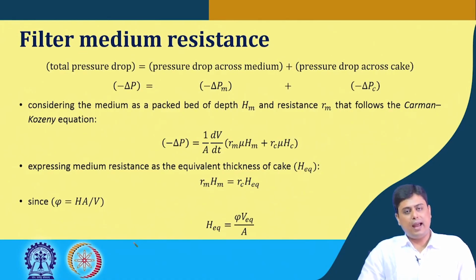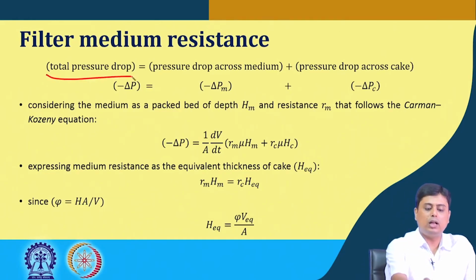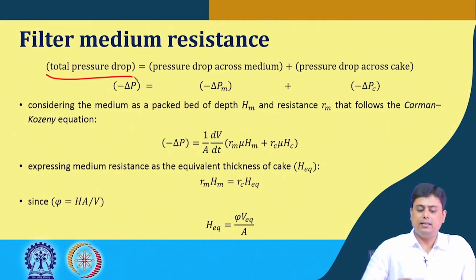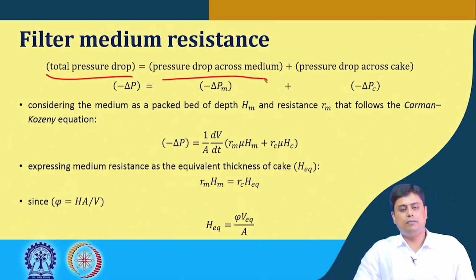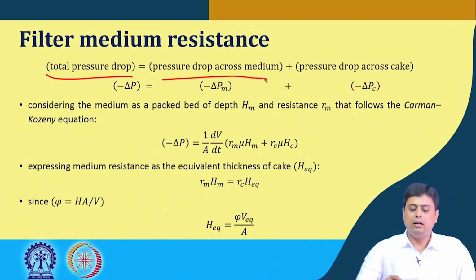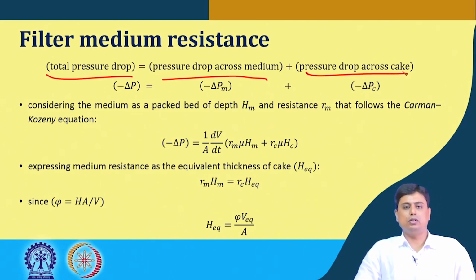If we consider that, then, as I mentioned, we have a total pressure drop: the pressure drop resulting due to the medium, and the pressure drop across the cake that we have just calculated.